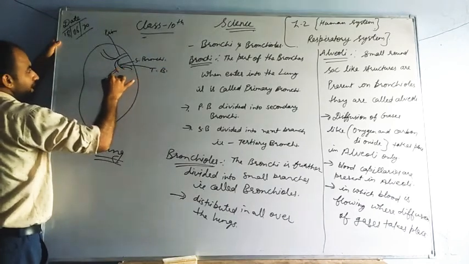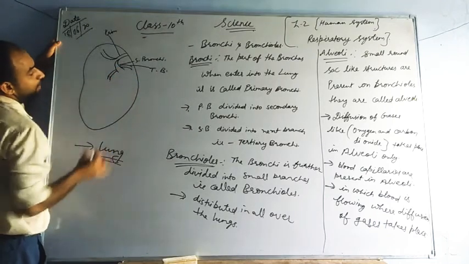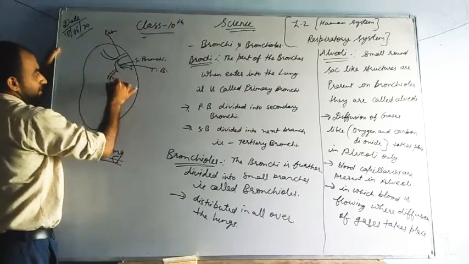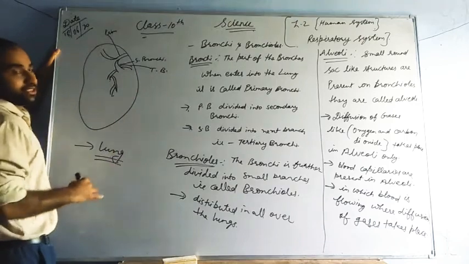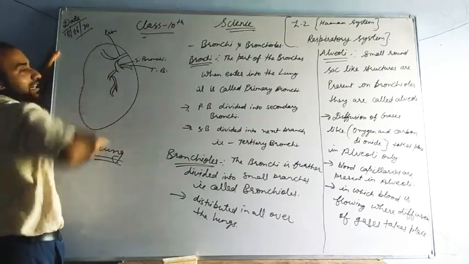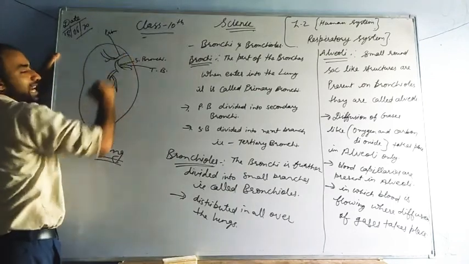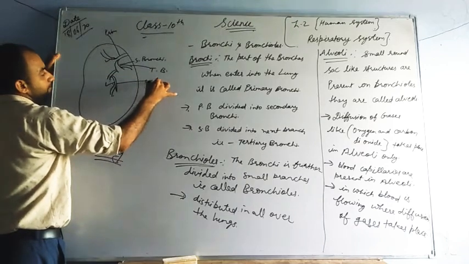Now, on it, actually very small bronchioles are present like this. They are forming the structure. Clear? And they are distributed all over the lungs. Clear? These are the small branches. These are large branches. These are small branches.